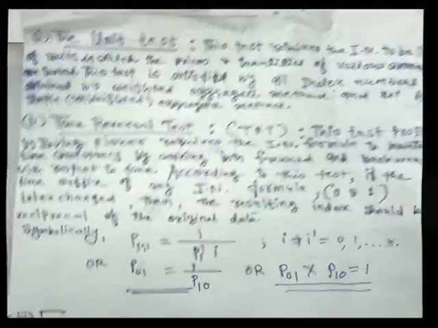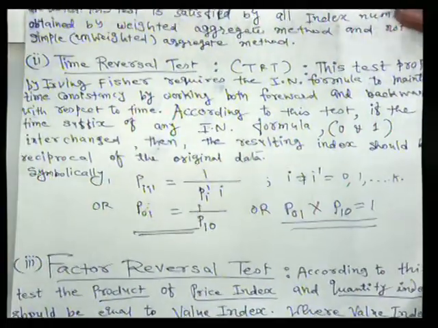If the product of IP into IQ is equal to IV, then we can say that the original formula satisfies the factor reversal test, FRT. Otherwise, not. Let us see what happens in FRT. See on the screen: FRT, factor reversal test.